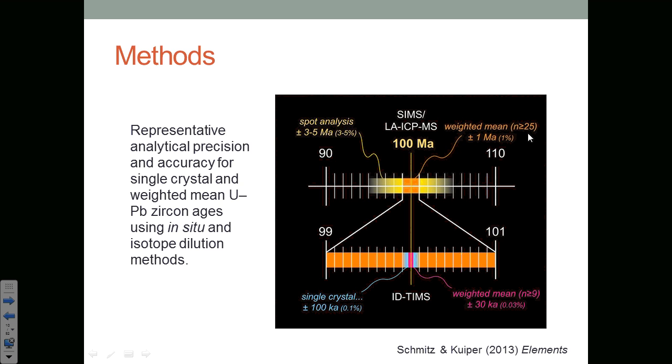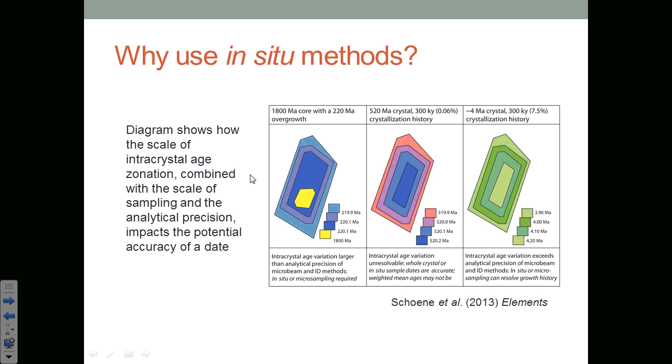So for complex grains, like this one here, if we had, for example, a 1.8 billion year old core of a mineral that then grew a younger rim, we can actually put a laser down and measure those two zones within a single crystal and get a pretty precise age on the time scales of each of those events.